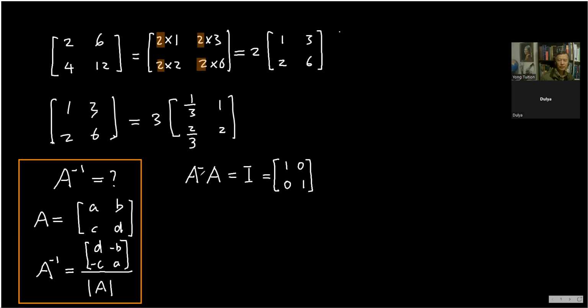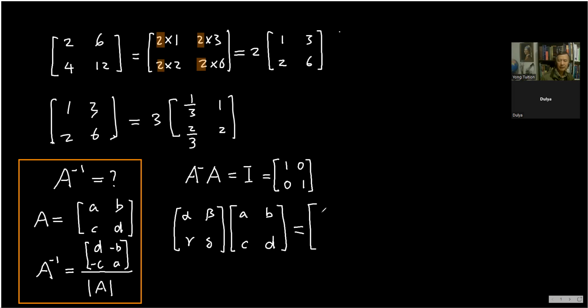If we want to know the inverse matrix, we can call it alpha, beta, gamma, delta, and the matrix is A, B, C, D. The product must be equal to the identity matrix.